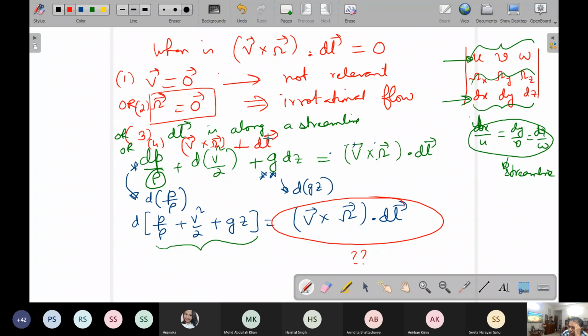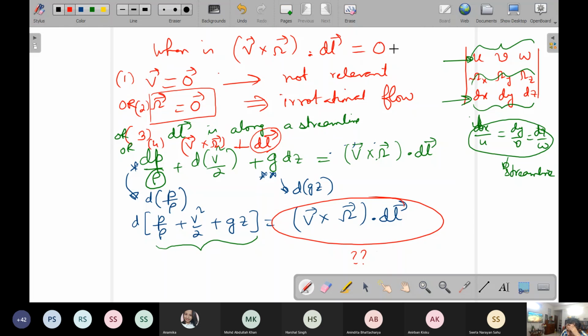Out of these, the velocity and vorticity you cannot really independently choose, because a fluid flow will have its natural velocity, and vorticity is the curl of that, which you cannot change. But you can choose your dl as per your wish. So you can, in principle, choose a dl so that these two are perpendicular. So that is also possible.